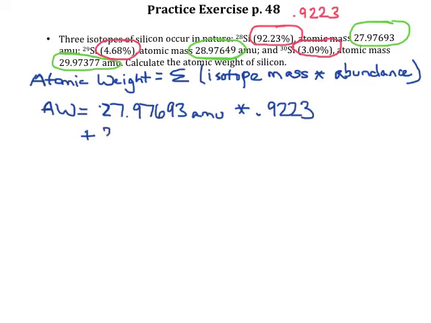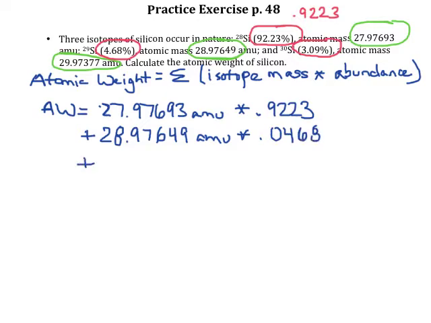That's got a mass of 28.97649 AMU. This has only got an abundance of 4.68%, which as a decimal is 0.0468.